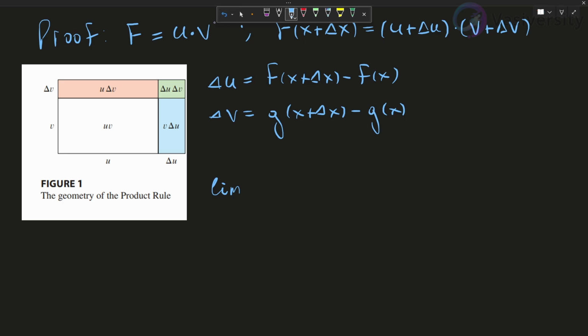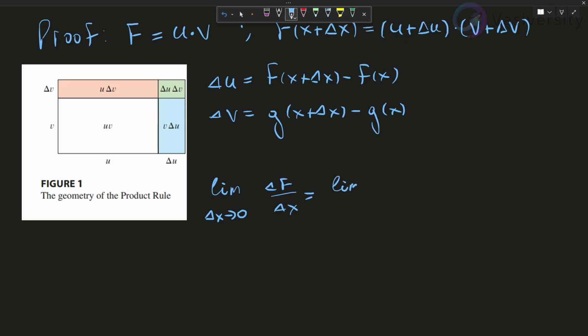That means the limit as delta x approaches 0. Delta x is actually h, but here it will make more sense to use delta x. So we have delta f over delta x, where delta f is this part minus this part.